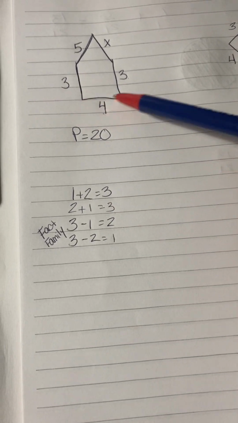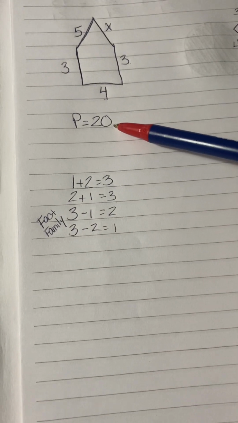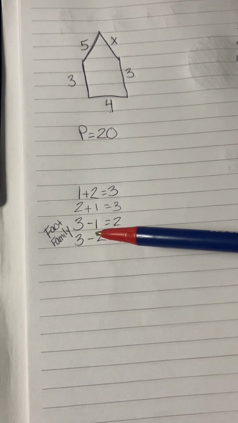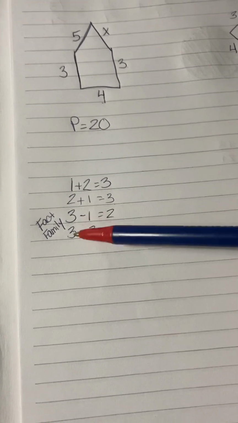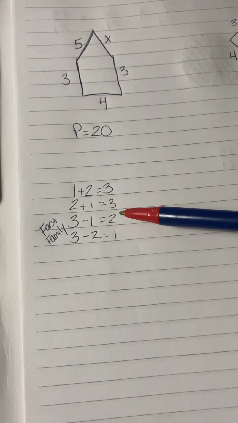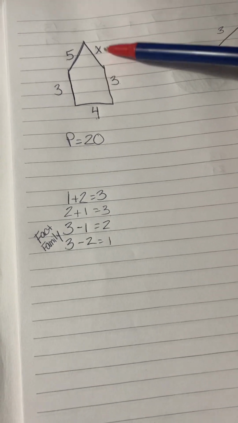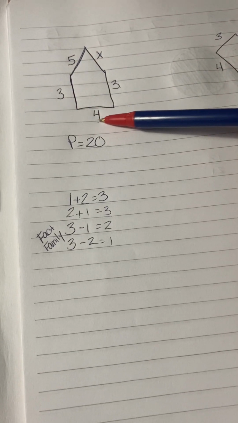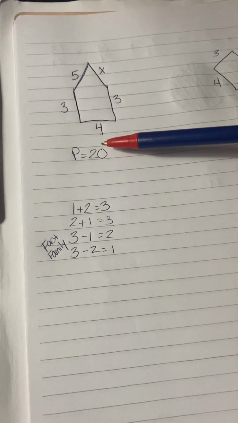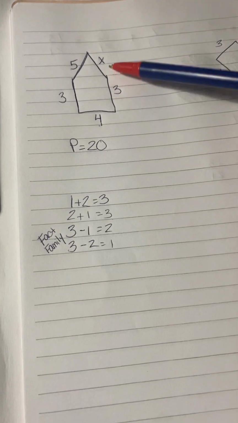So if you add all of these pieces together to get your total, then you can always subtract your pieces from your total to get either one of the pieces. So if you're missing a piece here, all you have to do is subtract the other pieces from the total to get the missing piece.